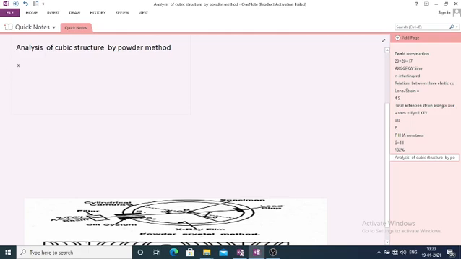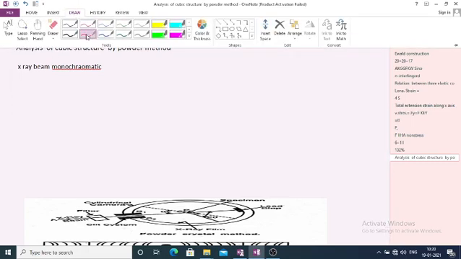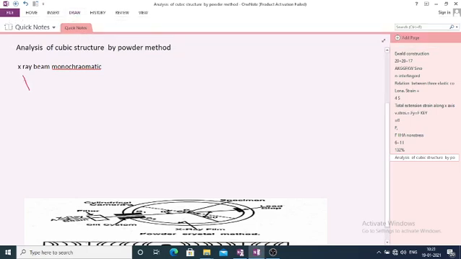The X-ray beam must be monochromatic. So lambda is the wavelength of the X-ray.